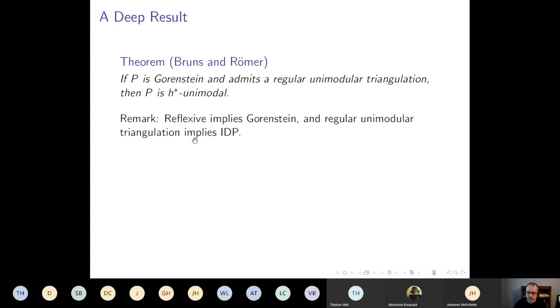And regular unimodular triangulations imply the IDP condition. So this reflexive IDP fits within this context. And what they actually prove is that if P is Gorenstein and admits a regular unimodular triangulation, then the H star polynomial of P actually is the H star polynomial for some reflexive. So if you're thinking about these unimodality questions, it's sufficient to just think about reflexives.